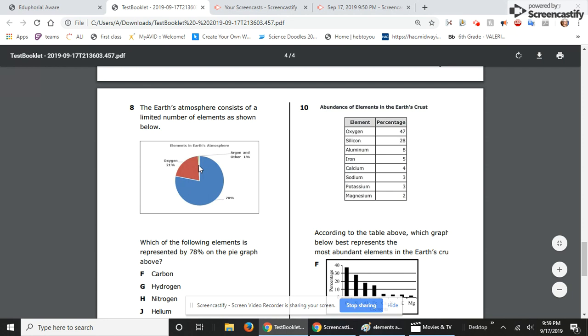And this little sliver of green is marked as argon and other, 1%. Which of the following elements is represented by 78% on the pie graph above? F, carbon. G, hydrogen. H, nitrogen. Or J, helium?